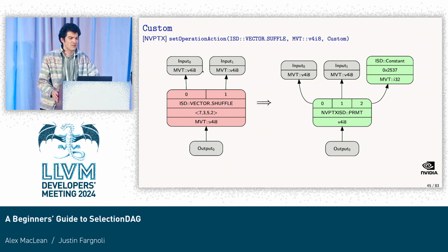So it's a matter of discretion where we want to handle them. In this case, it just ended up being a lot easier to implement as a DAG combine. For example, there's this constant node that we're adding, which is a packed representation of the vector shuffle that we want to do. It's much easier to implement that as a DAG combine as opposed to in TableGen. I don't think there's any TableGen syntax to process the mask for a vector shuffle, so it would not even be possible in this case.